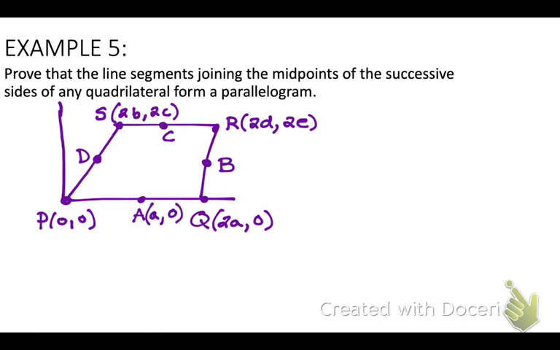So there are my coordinates of A. My coordinates of B: 2d plus 2a, cut in half is just d plus a, or a plus d. 2e plus 0 cut in half is just e.